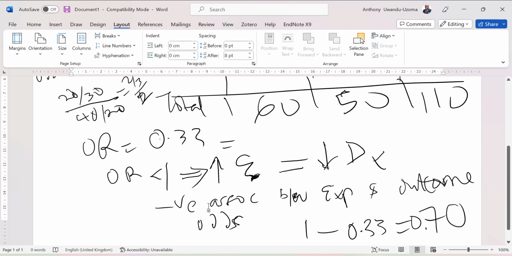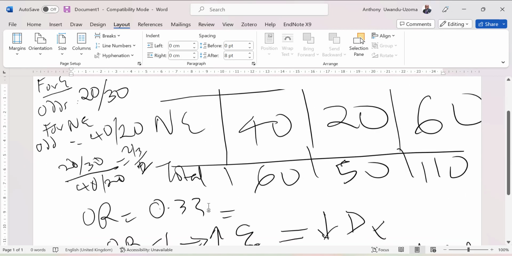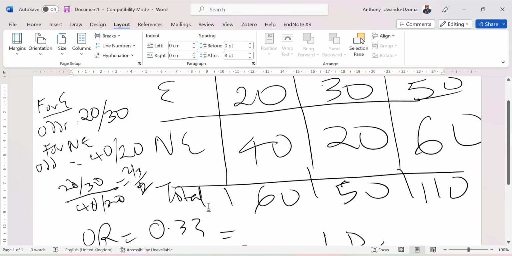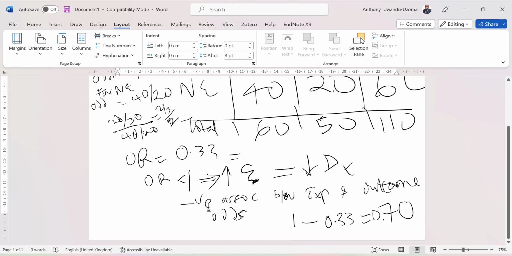So, assuming that the exposure is vaccination, I can say that the vaccination reduces the incidence of the disease, reduces the risk of having the disease, by 70%. That's how to interpret an odds ratio that is less than one.